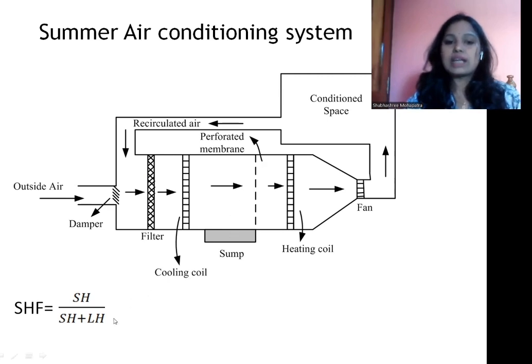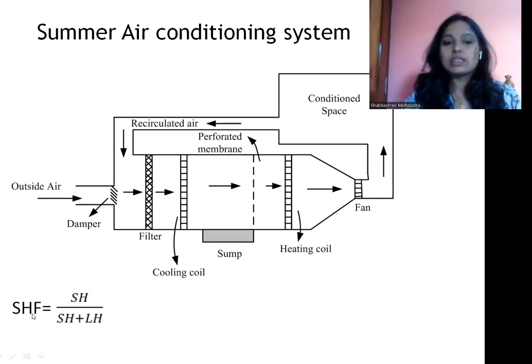That means the latent heat load is increased. If the latent heat load increases, the sensible heat factor will decrease. So to increase the sensible heat factor to the prefixed value, we have to increase the sensible heat. So in the heating coil, we are only increasing the sensible heat of the entering air.